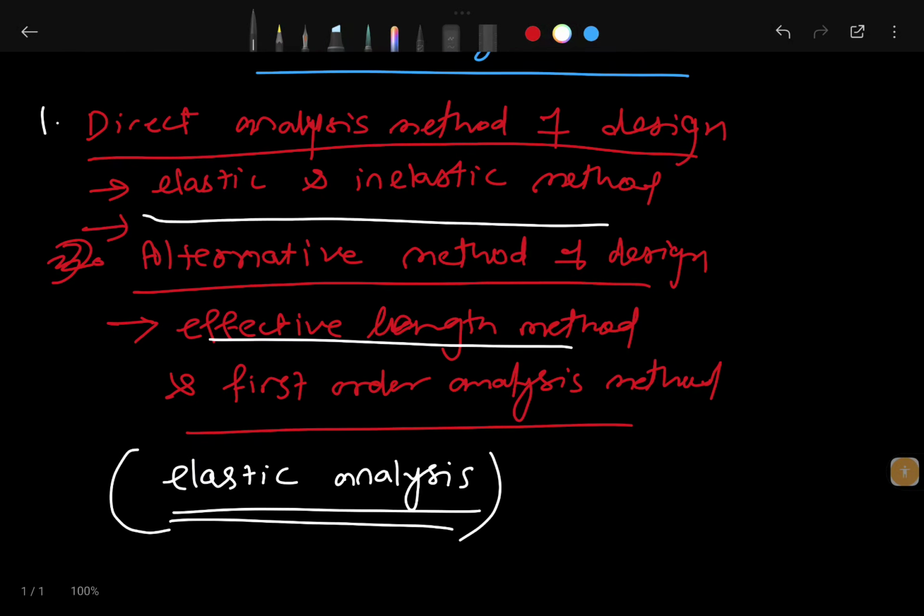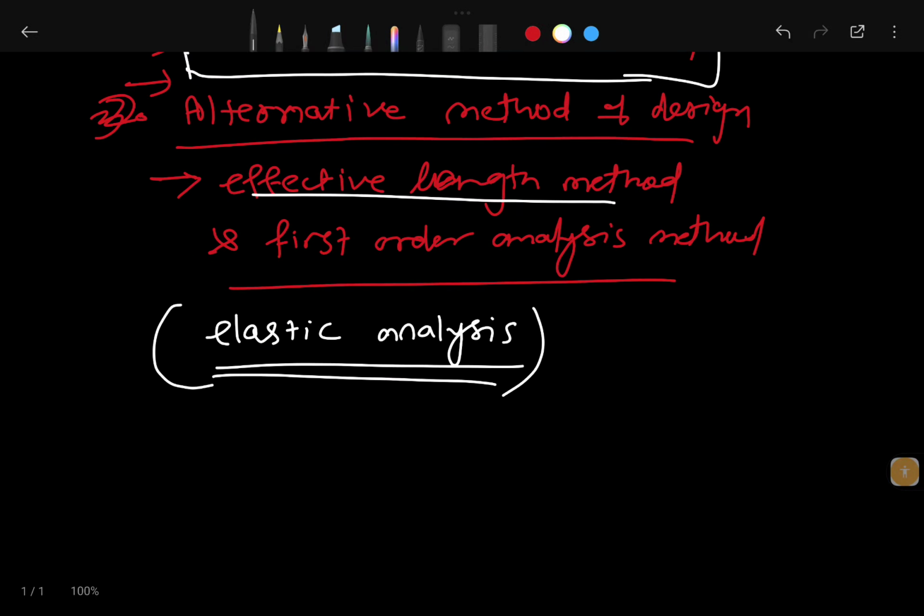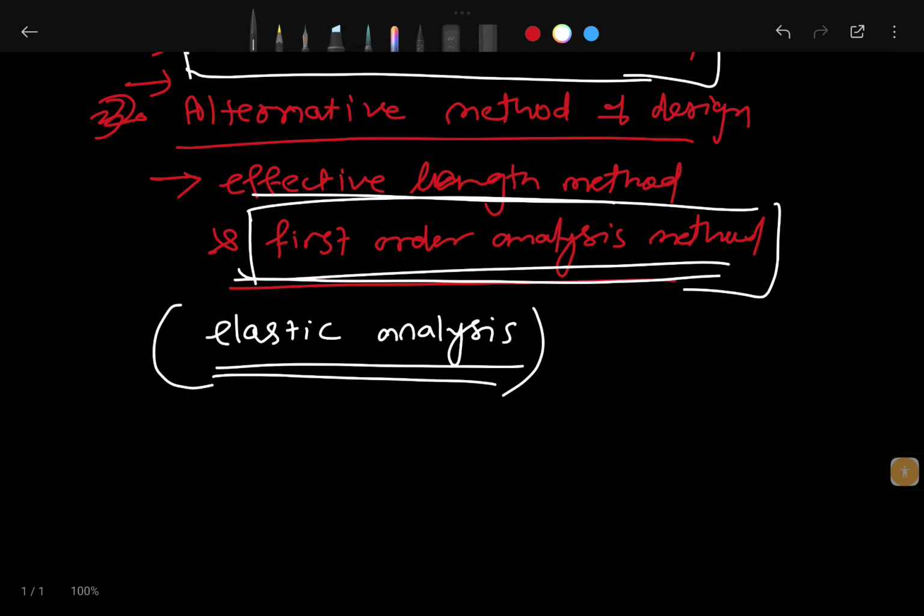The direct analysis method works for both elastic and inelastic analysis, but the alternative methods, such as first order analysis, are only applicable for elastic analysis of structures. In AISC 360-16, page number 80, you can see clause C1, and the details of C1, C2.